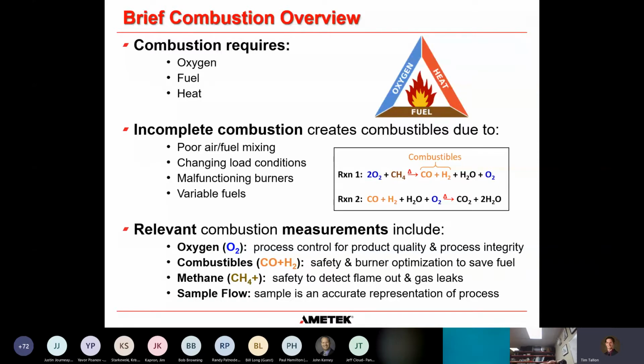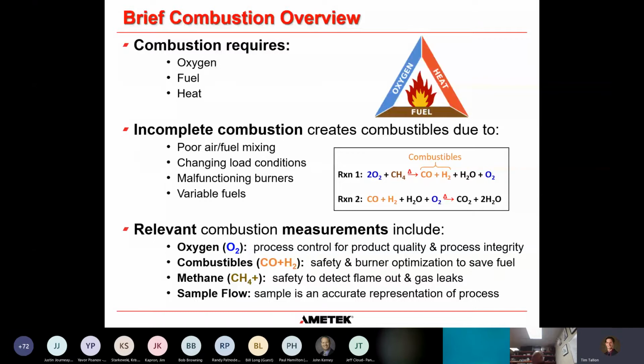And so when we think about combustion, the fire triangle is really the starting point. The relevant combustion measurements include the oxygen measurement for process control, quality, and process integrity. The measurement of combustibles is important for safety as well as burner optimization.